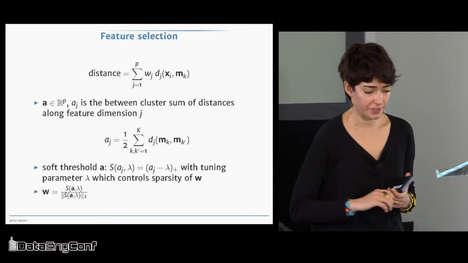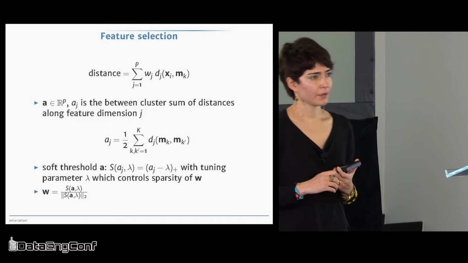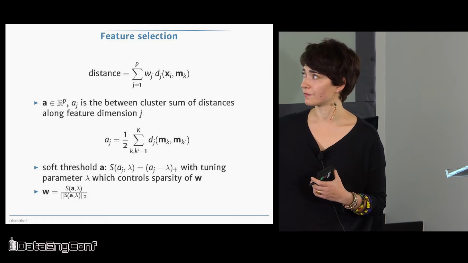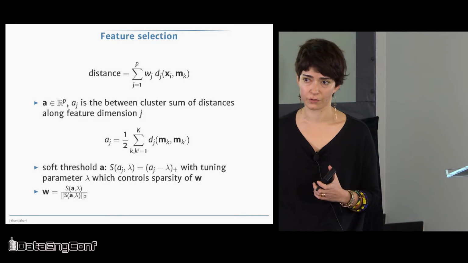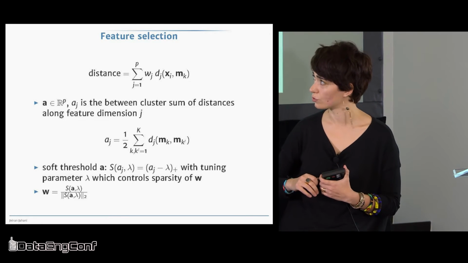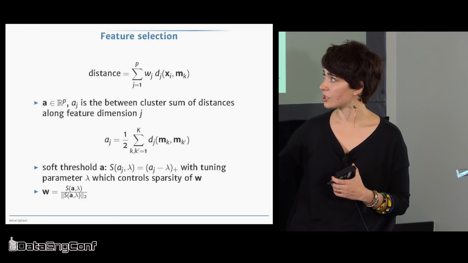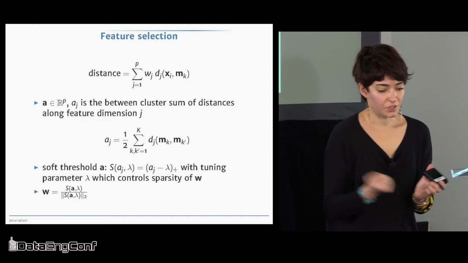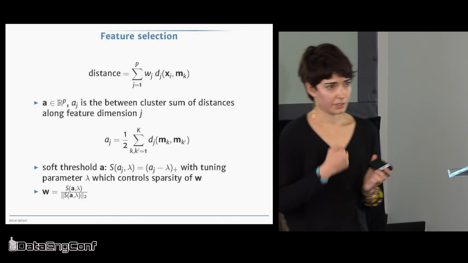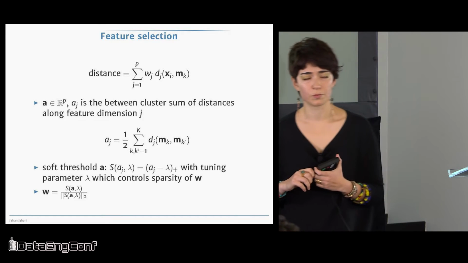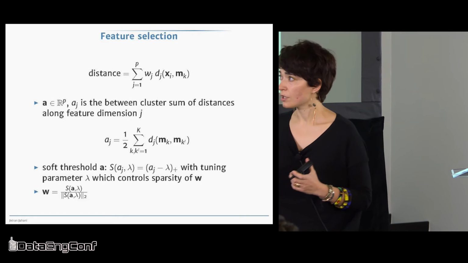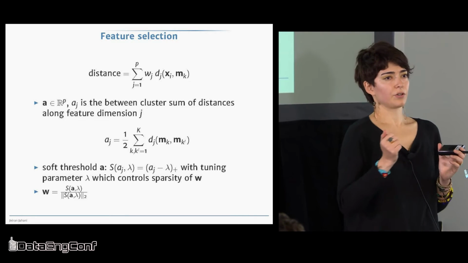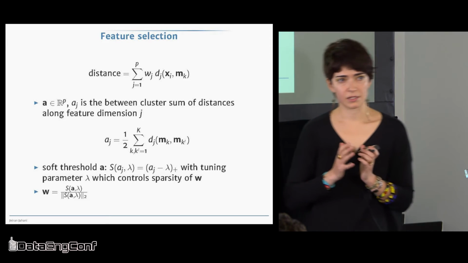It's like sparse clustering. Any convex optimization problem that has some sparse penalization is going to have soft thresholding one way or another as its solution. So you soft threshold those aj's, and lambda is your tuning parameter that determines how sparse you want the number of selected features to be. If your lambda is higher, your weight vector will be more sparse. That means your algorithm determines there are less important features.